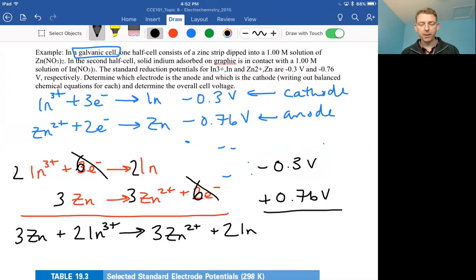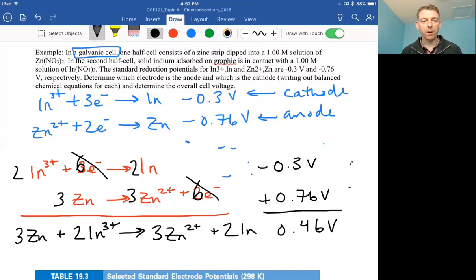And at this point, we multiplied the top line by 2 and the bottom line by 3 in order to get a balanced equation. So what should we do to these potential values? Absolutely nothing at all, because they are intrinsic values, and they don't change depending on how much of the reaction we're doing. So those potential values remain the same, and we end up with exactly the same cell potential as we calculated before, 0.46 volts overall.